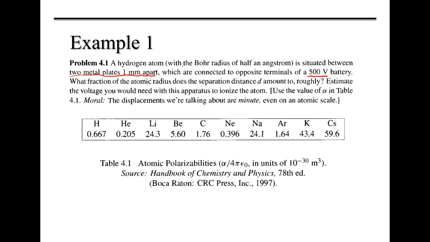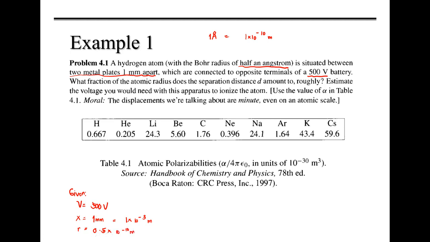We are also given the Bohr radius of the hydrogen atom, which is half an angstrom. 1 angstrom equals 1 times 10 to the minus 10 meter, so half an angstrom is 0.5 times 10 to the minus 10 meter.